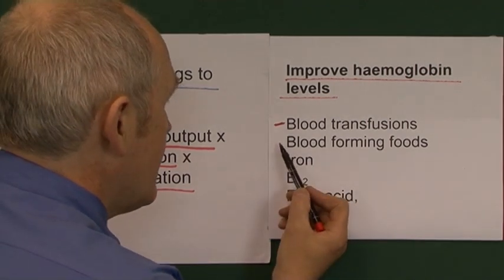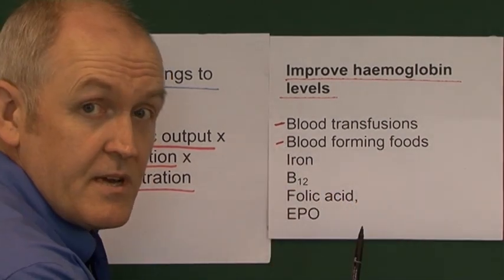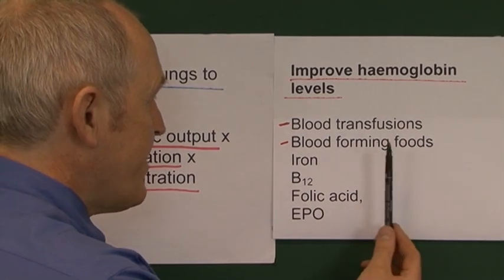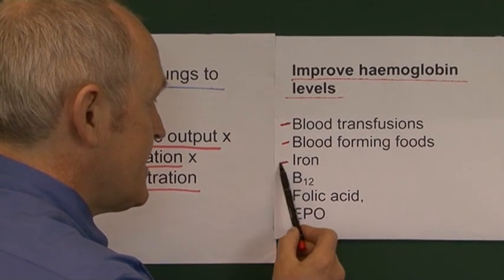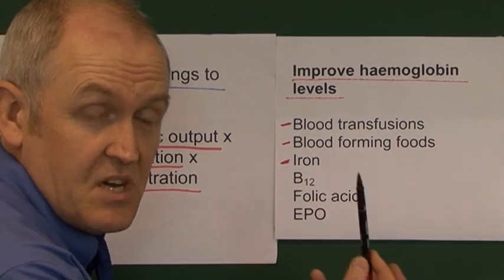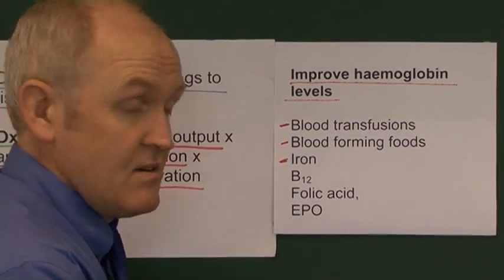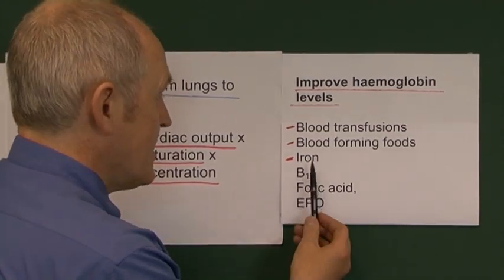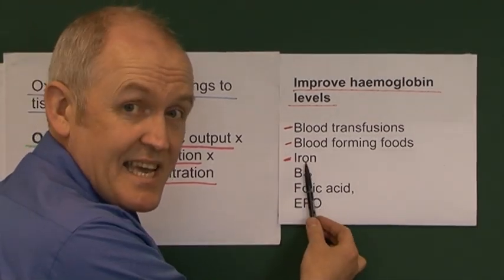In the longer term, after trauma or after surgery, blood-forming foods are important. The best way to absorb iron is actually from animal sources: red meat, liver, although we don't give liver to pregnant women anymore. But for most people, animal sources are a good way to get iron.